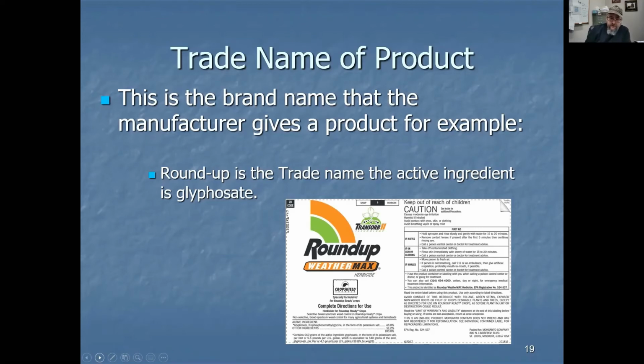So if you look down on that label, you'll see where it says active ingredient. And it gives you glyphosate, 48.8%. Okay, now that percentage, the 48.8%, is what's known as your guarantee. Okay, so your active ingredient is glyphosate with a guarantee of 48.8%.